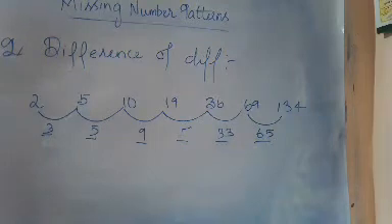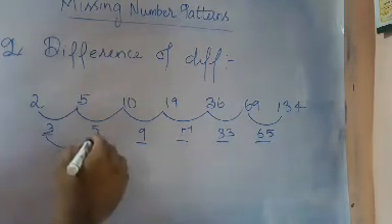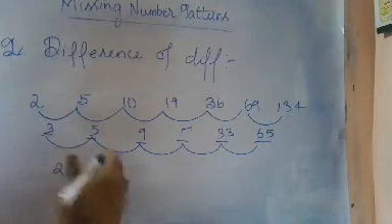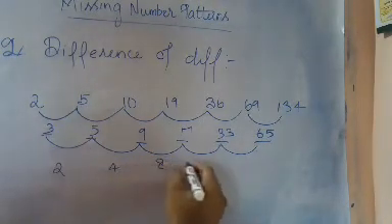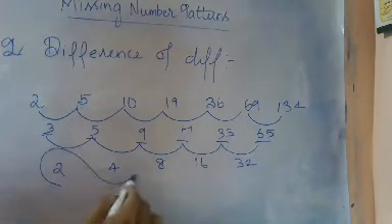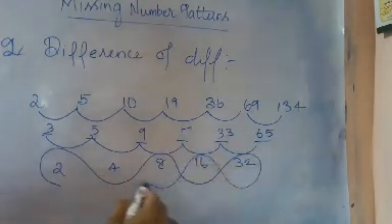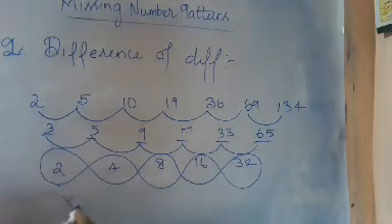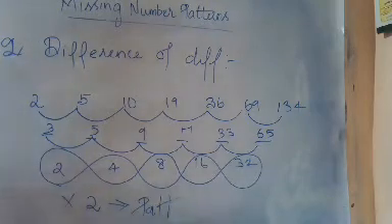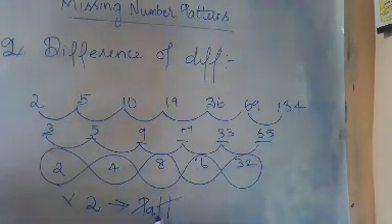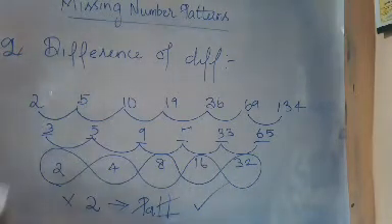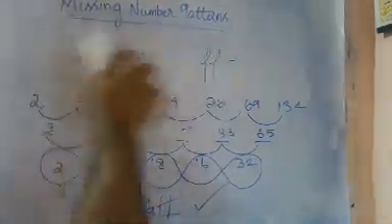So further we are going to find the difference between these differences. So you can see the difference between them is 2, 4, 8, 16 and 32. Is there any pattern available here? Yeah, it is a multiple of 2 is the pattern. So this is a difference of difference model pattern.